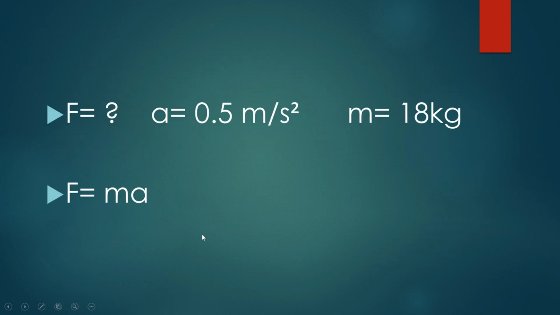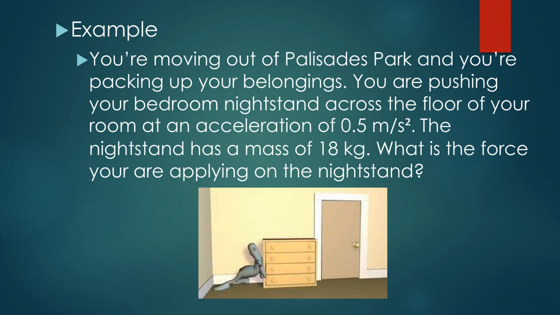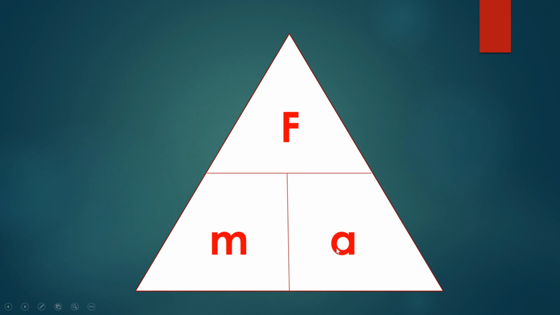So going back to our nifty little pyramid here, we are looking for your acceleration. So you are going to cover with your hand the acceleration, and what you have left is the force divided by the mass. I'm saying divided because F is on top of M. So kind of look at it like a division problem.